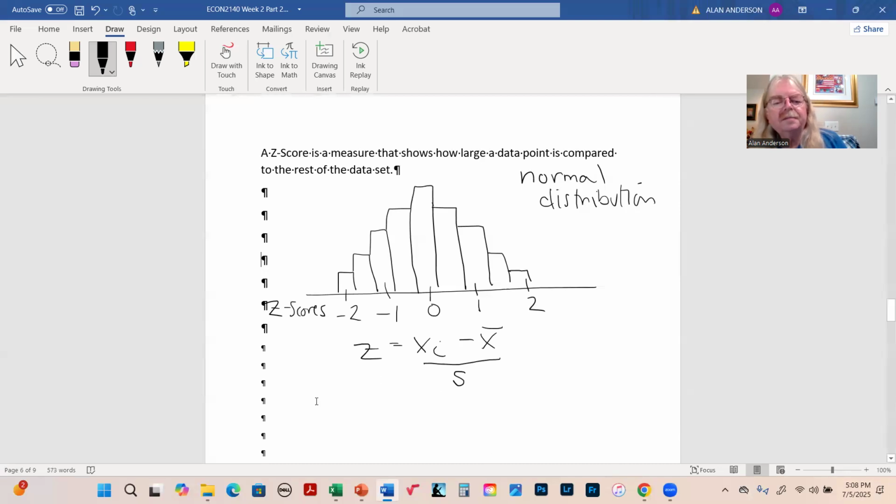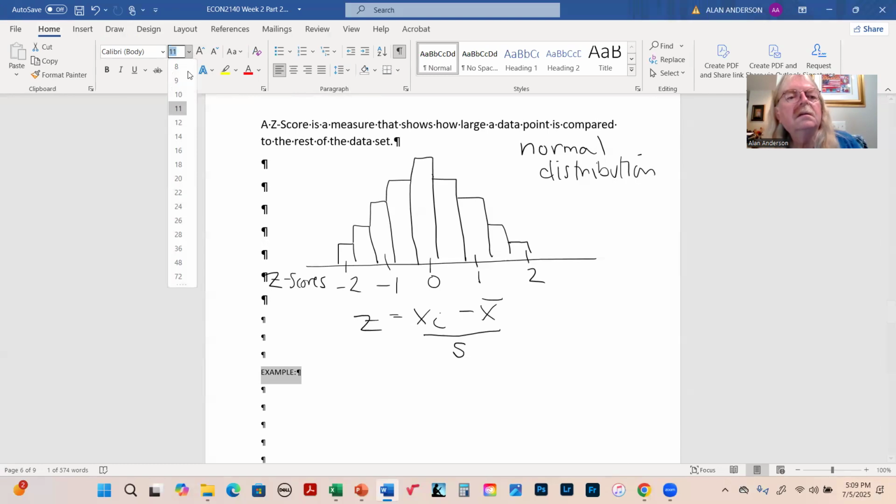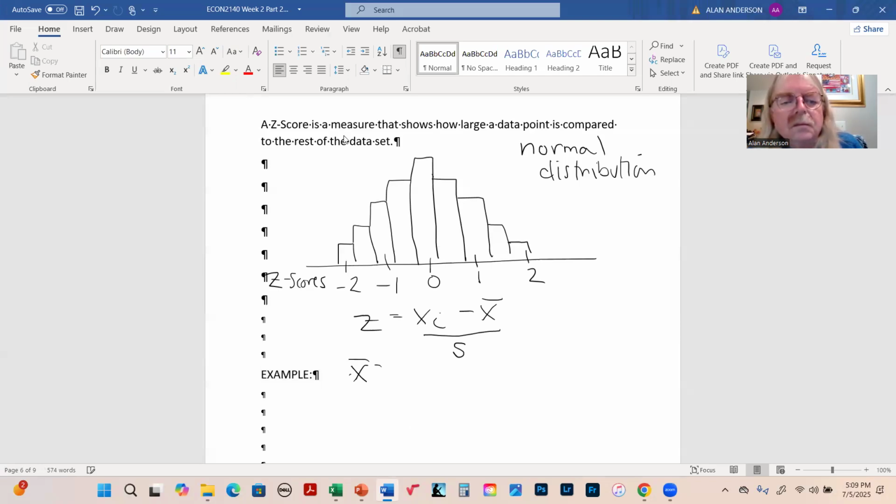Just as an example, what if I told you that for this particular test, you have a mean x bar of, let's say, 80, and the sample standard deviation is 5.